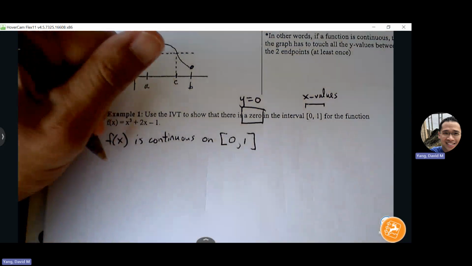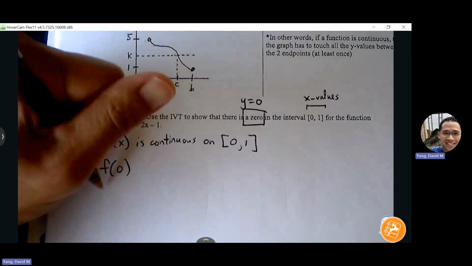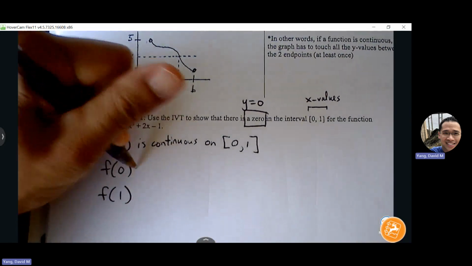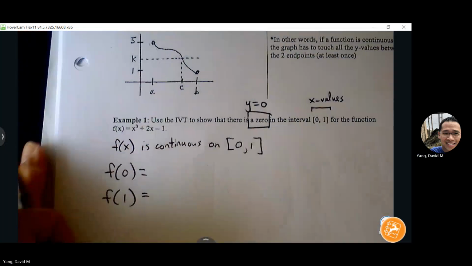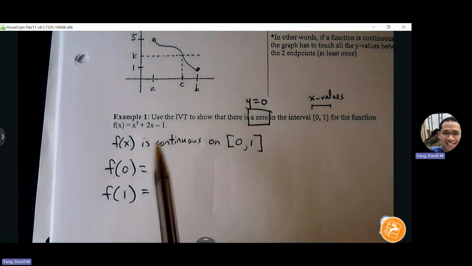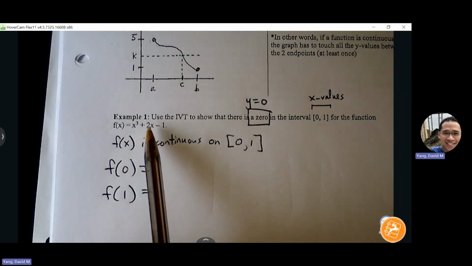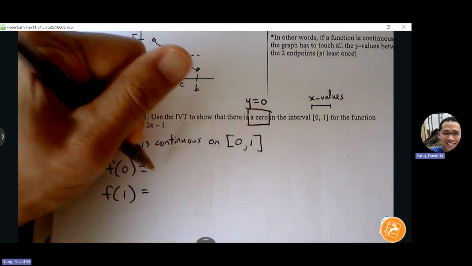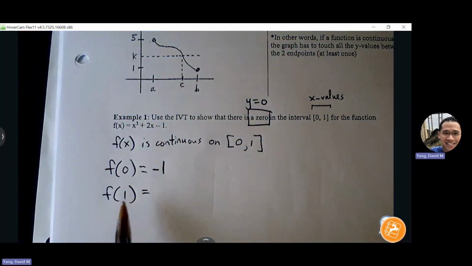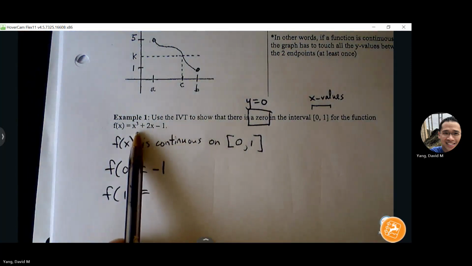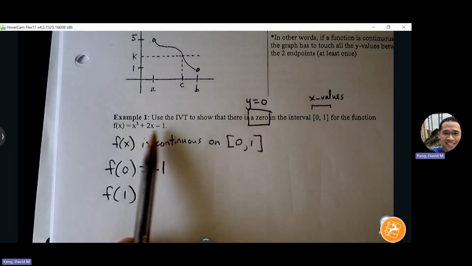So the next step is to find the y values. We take our endpoints and insert them into the function. f of 0 is what? -1. f of 1 is 2.